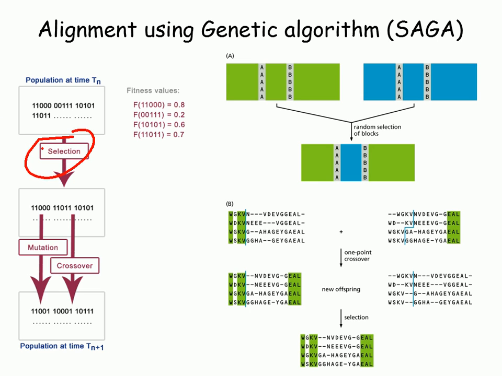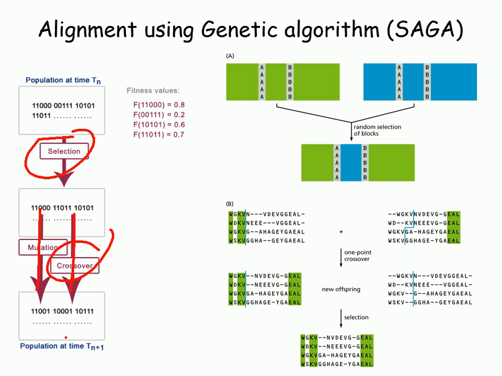All right. And then we perform mutation and crossover operations on those promising candidates. Mutation means we shift things around randomly in a candidate solution. A crossover means we take two candidate solutions and we use parts of them to generate a new solution.